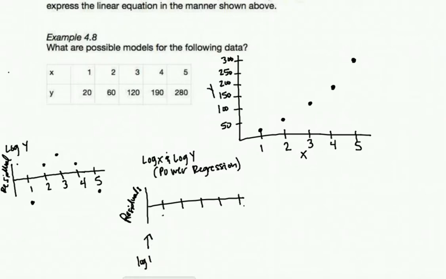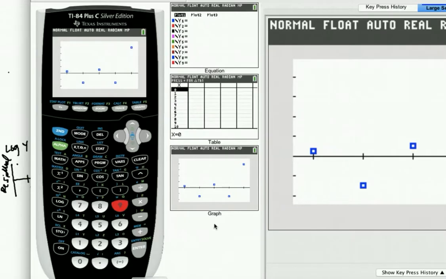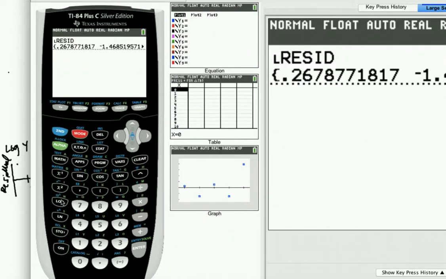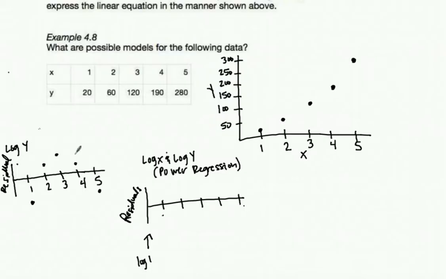And the reason that log 1 is going to go here instead of the first place is because if you do log of 1, you're going to get 0. So we're going to start it here.